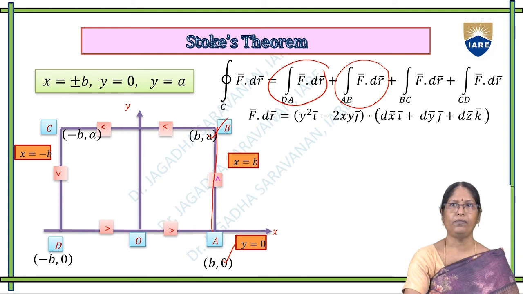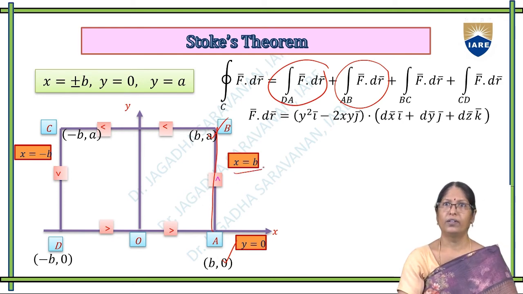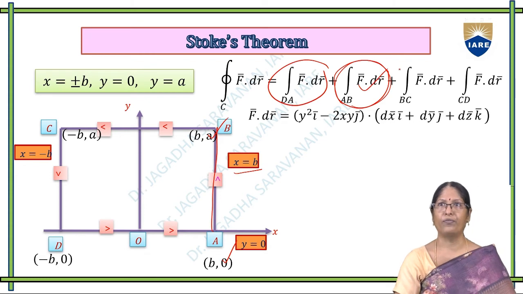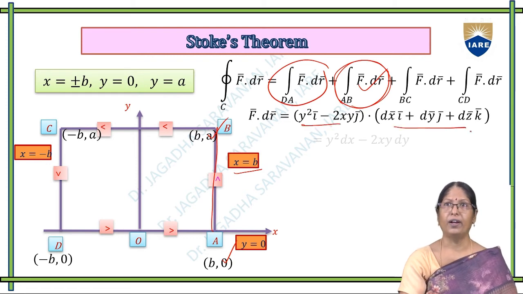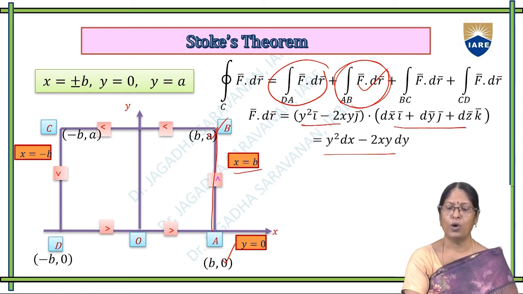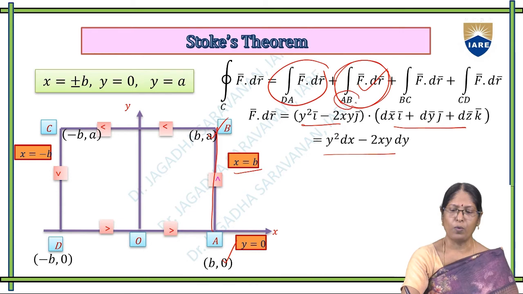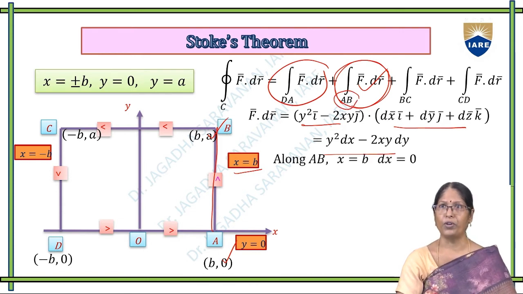And what about x? x is b, dx equals 0. In every integral we have to find F dot dr. Already in advance we found it: F dot dr is y square dx minus 2xy dy.